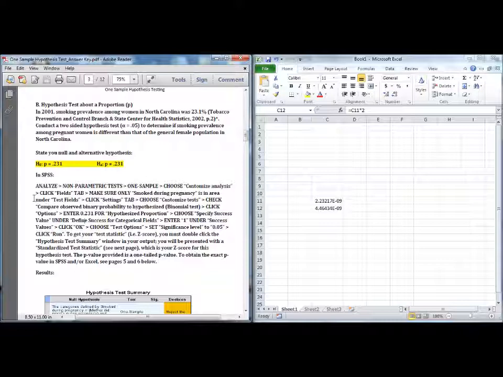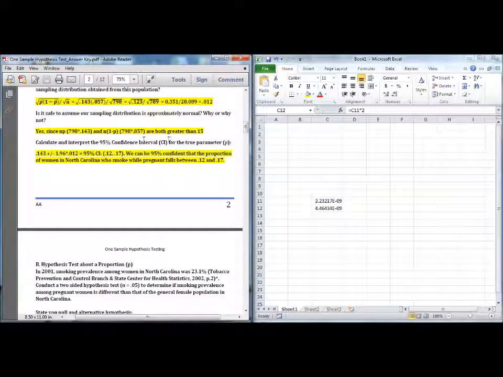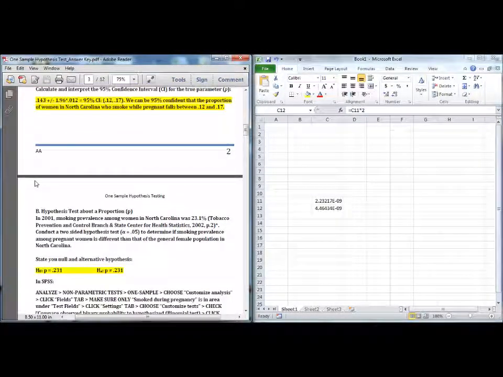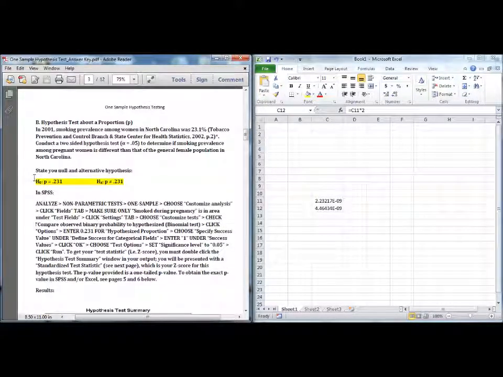Now the next step in this would be to get some values for what we thought the population parameter was, and we previously did that when we calculated a confidence interval. So doing hypothesis tests and confidence intervals should go together.